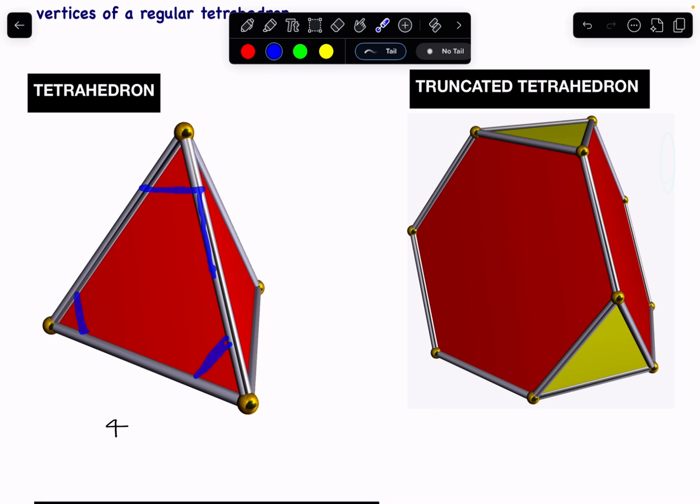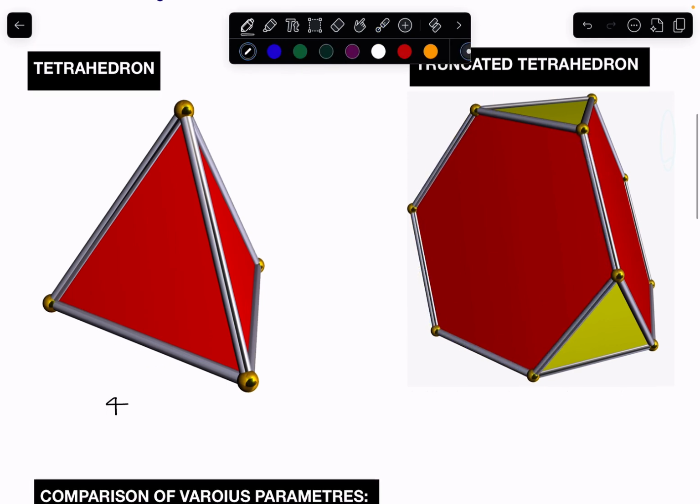As a result, whatever triangular face you had is going to become a hexagonal face. You can see after truncation the original triangular face becomes a hexagonal face, because this face has 6 corners. So each triangular face is going to become a hexagonal face.